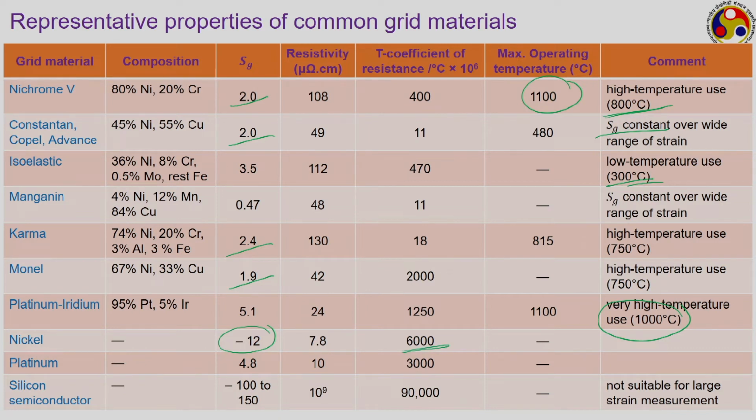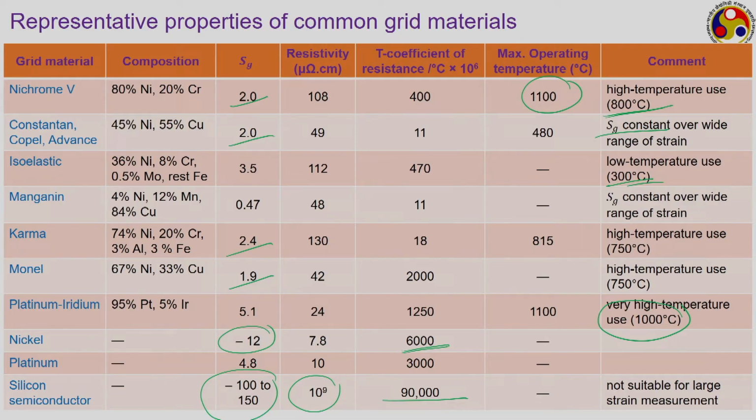And even higher gauge factors, actually extremely high gauge factors, we can find for semiconductor strain gauges. They also have a very high temperature coefficient, and they are able to sense extremely small changes in resistance as well, because the resistivity of the material is 10 to the power 9 micro ohm, or I should say ohm centimeter.